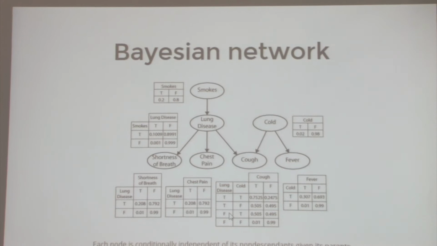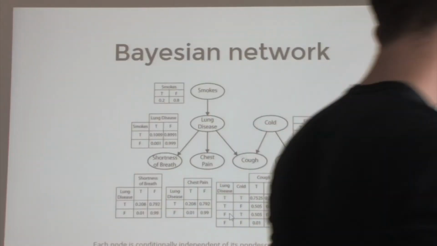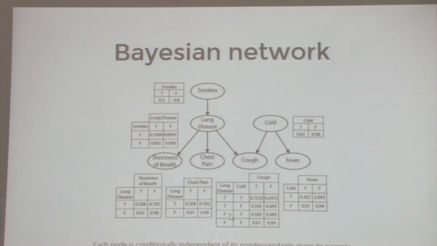So this is the chain rule, and Bayesian networks are really just a way to encode the full joint probability distribution in a way that is efficient in terms of memory.